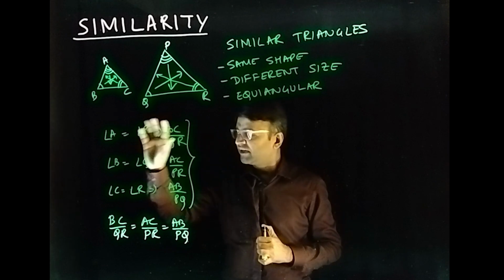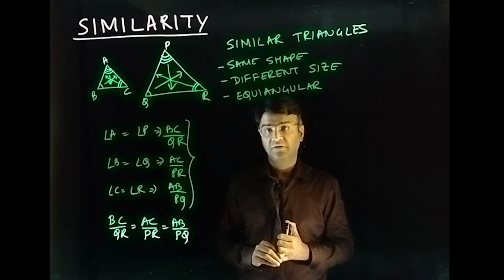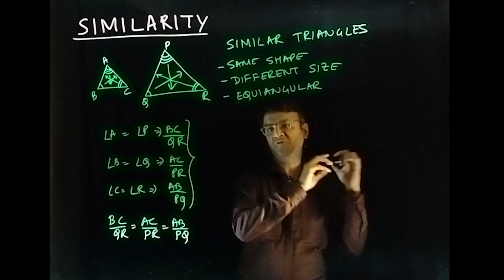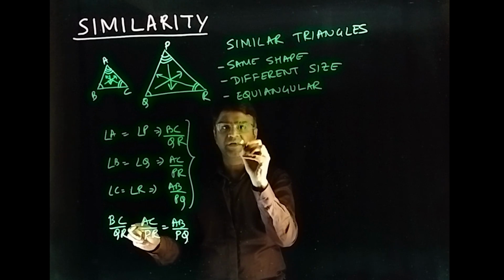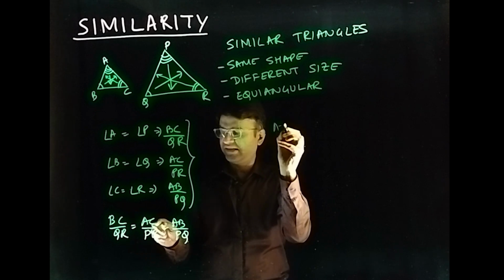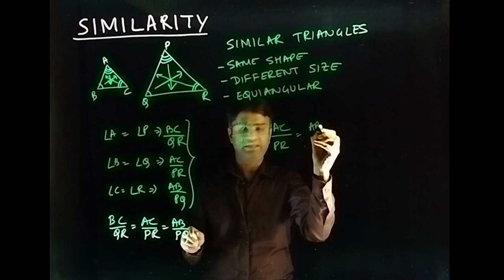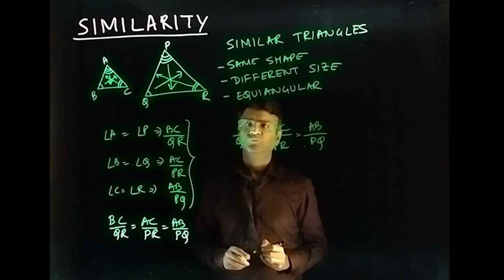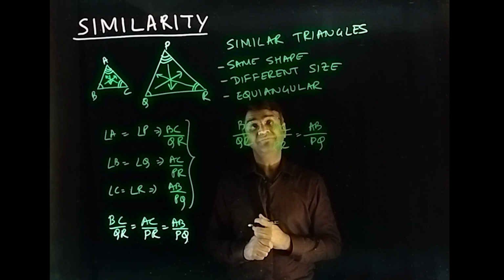Now, we have identified the proportional sides with the help of equal angles. Now, what about the converse of it? What if you have been given BC by QR equals AC by PR equals AB by PQ? Now, how do I identify which angles are equal?